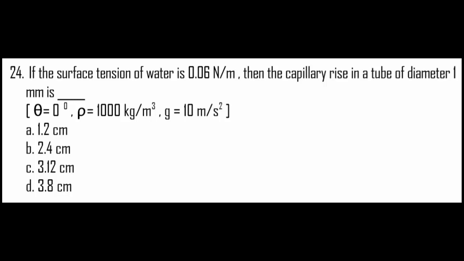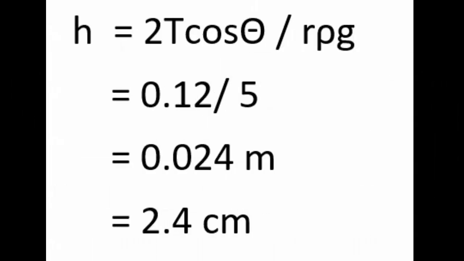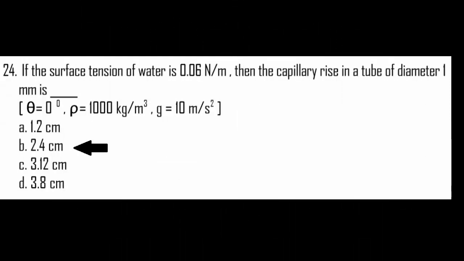Now, as we discussed in question number 22, the formula for the rise or fall in liquid level, that is the height through which the liquid level rises or falls, is given by 2T cos theta upon r rho g. If you substitute the values, students, the answer comes out to be 24 centimeter.